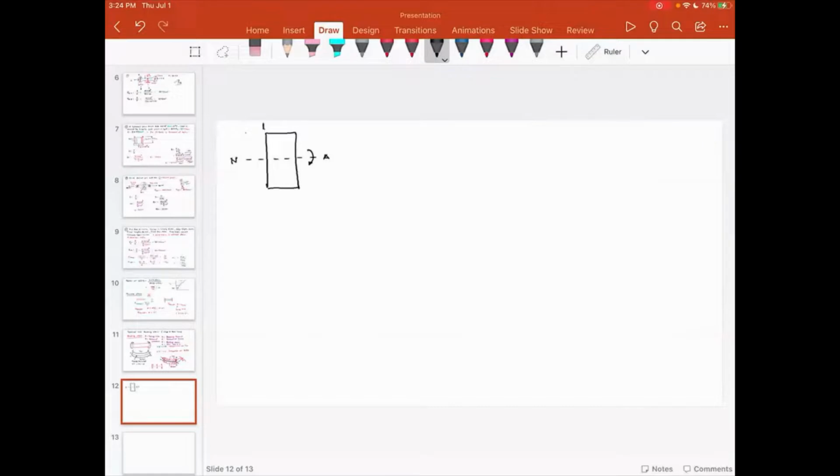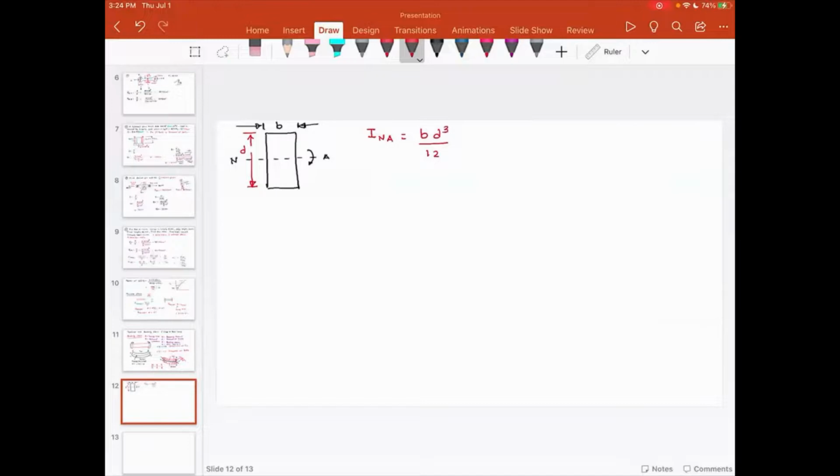This dimension is usually called B, and this dimension is called D. And the moment of inertia about the neutral axis is BD cubed by 12.